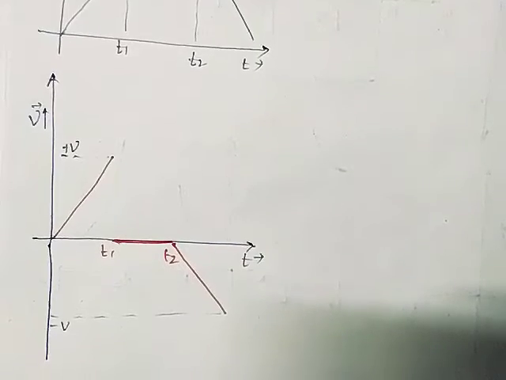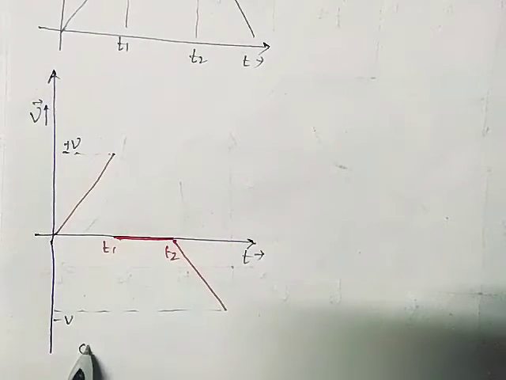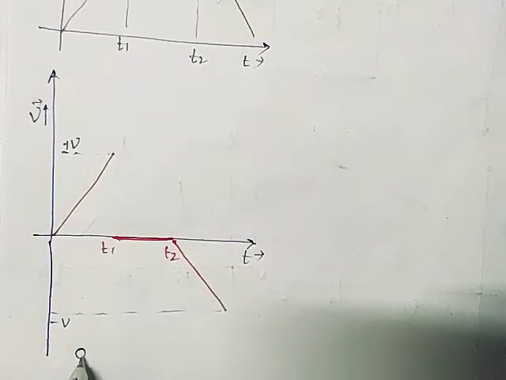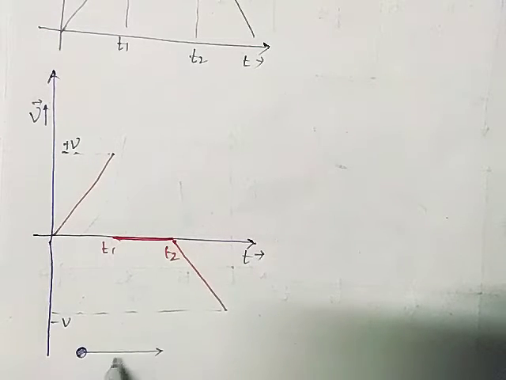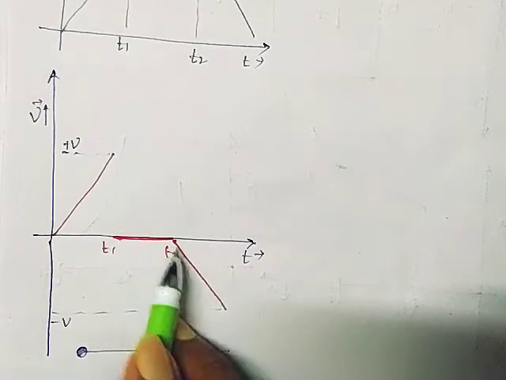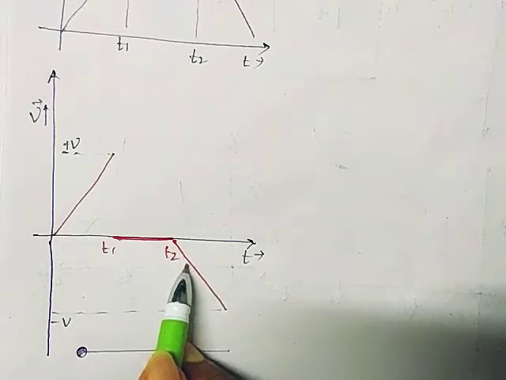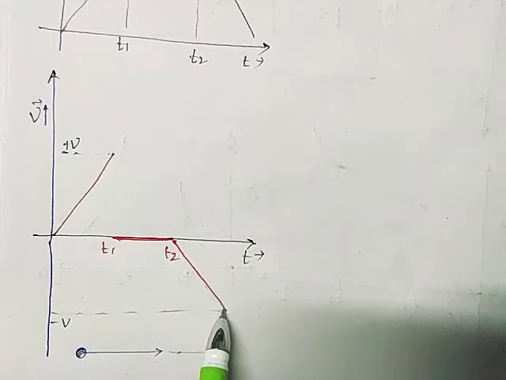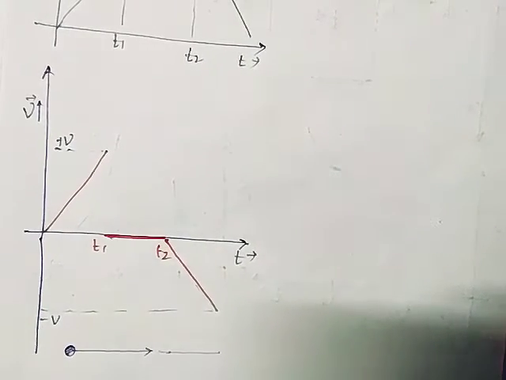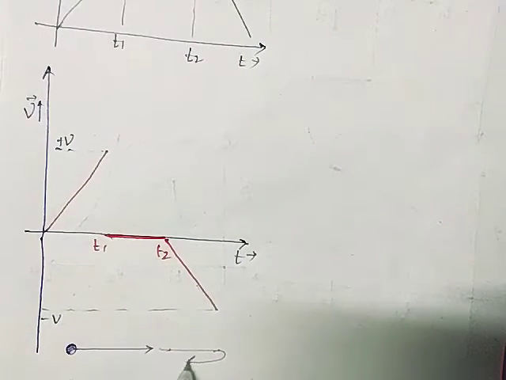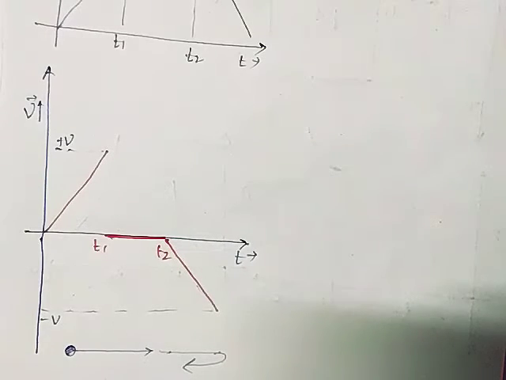It is basically representing a particle that is moving, its velocity is increasing continuously. After a certain time interval, velocity becomes constant, and then the velocity is increasing in the reverse direction, the opposite direction. So what does it mean? The particle reverses its direction and returns.